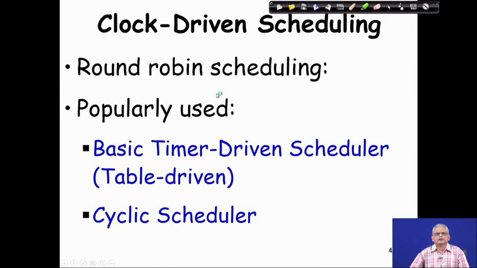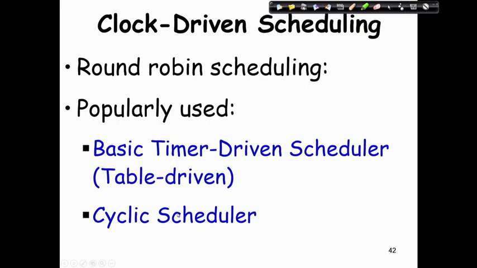So, some of the important clock driven schedulers are the basic time driven scheduler, which is called a table driven scheduler, which is also called a timer driven scheduler, and the other is a cyclic scheduler. And even simple round robin scheduling, where based on a clock interrupt the different tasks are run in a round robin fashion, is also an example of a clock driven scheduler, but we are not going to discuss that.